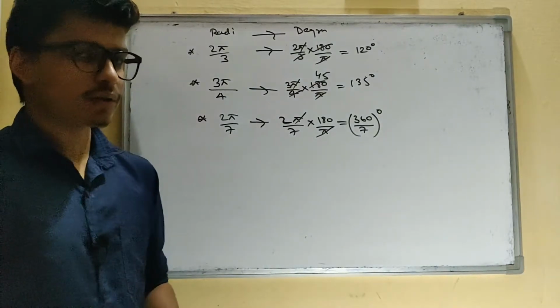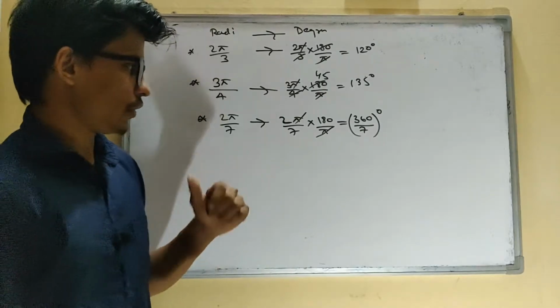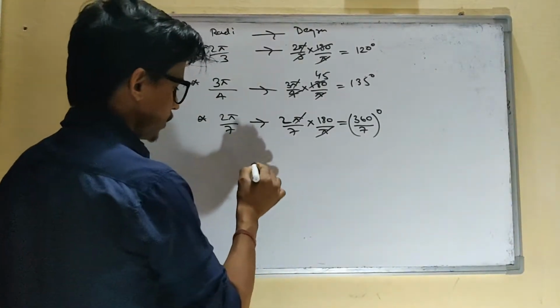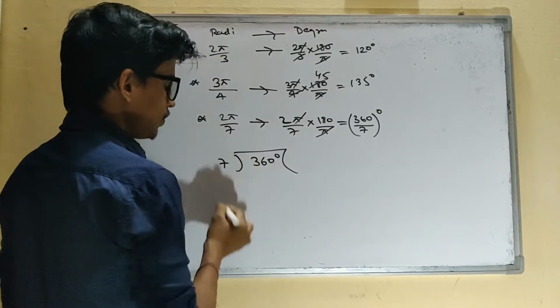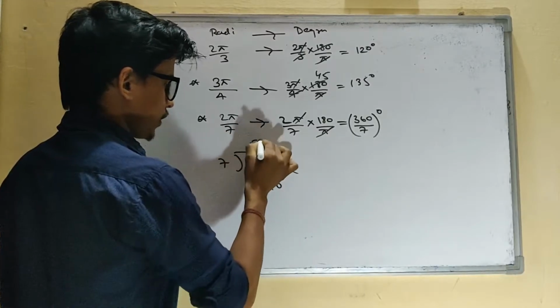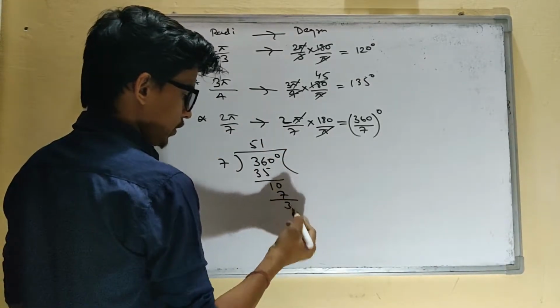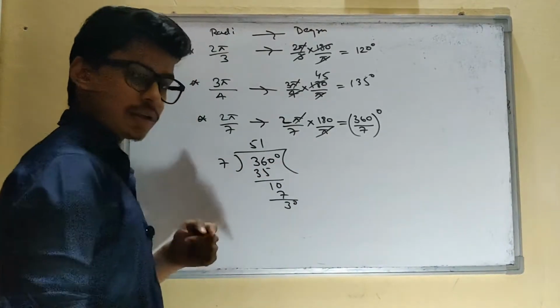So the division is interesting, right? So if this type of question arises, you should know about it. So let's see how to do this. 360, it is in degree, okay, divided by 7. So 7 5s are 35, 1 0, 7 is 7, and 3 just 3. Okay, so now this 3 is a remainder and it is in degree.